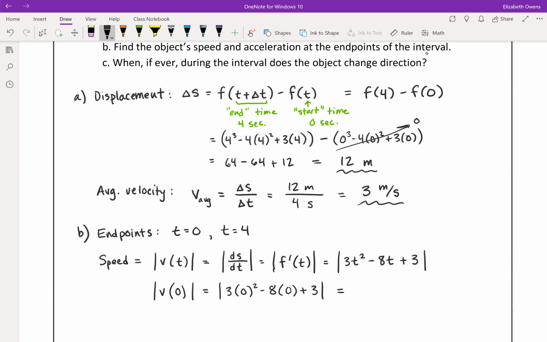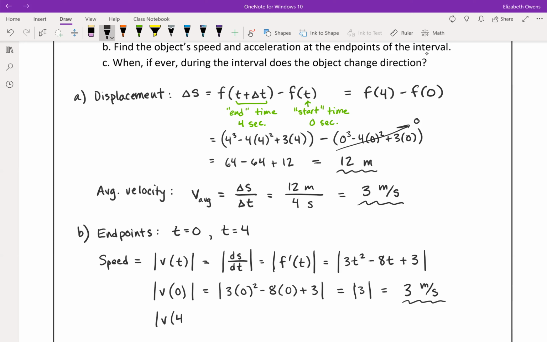The first two terms here drop out, and so we're going to end up with absolute value of 3, which is 3. And our units on this, remember, because we're talking about a speed, it's going to be in meters per second, just like velocity. Since we're just taking an absolute value of velocity, the units are staying the same.